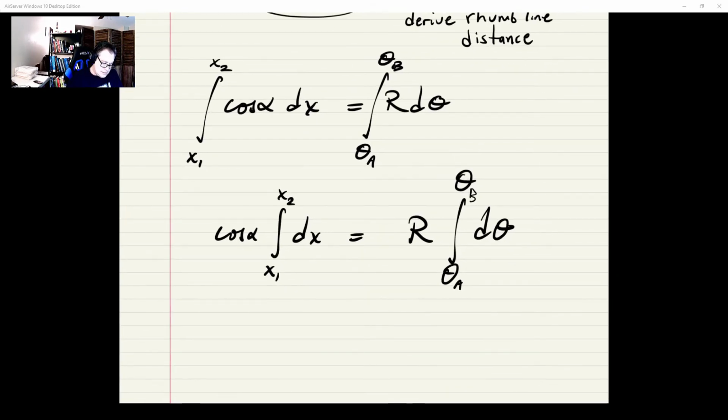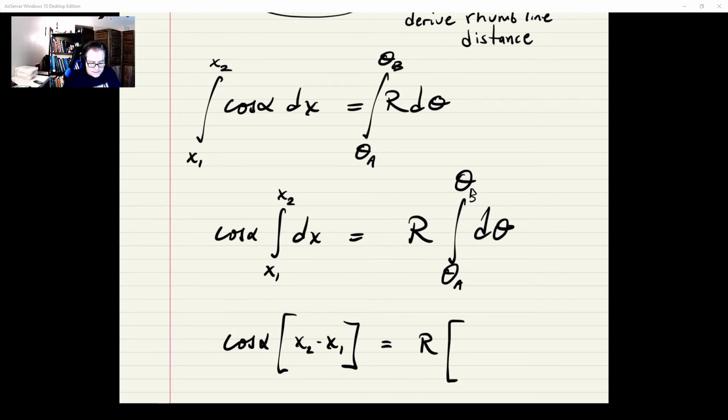These integrals give x2 minus x1, that's your total change in position, and theta B minus theta A.